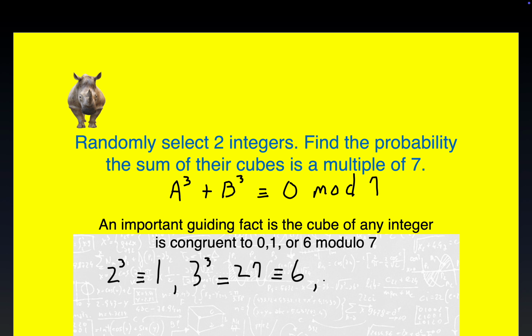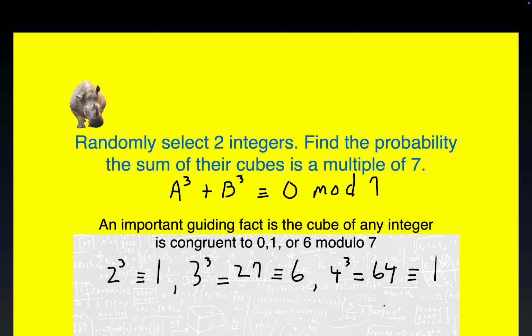Now 4 cubed. 4 cubed is equal to 64. Now what happens when you divide 7 into 64? You get a remainder of 1. 9 times 7 is 63 plus 1, right? So this would be congruent to 1.